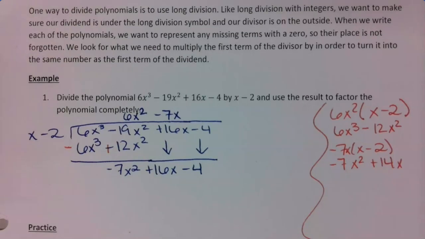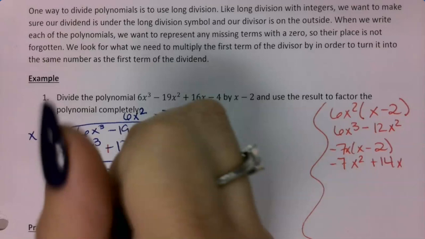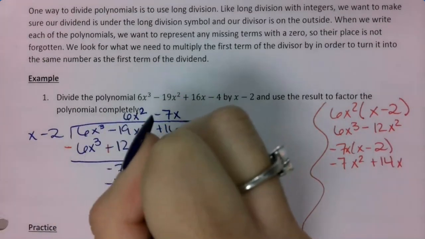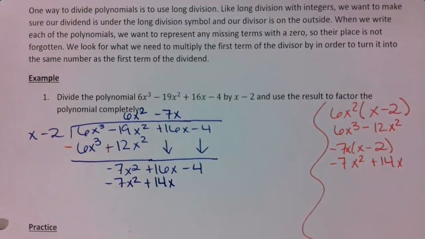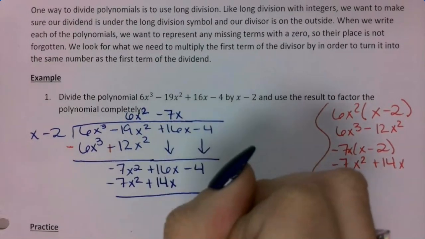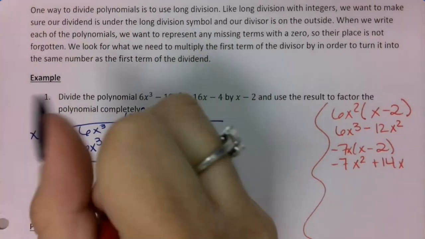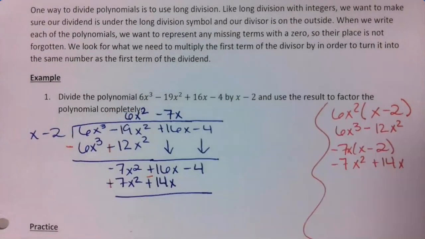And then I want to write this down below. Then I want to go ahead and change my signs, because I need it to match, I'm looking for what multiplies to match.